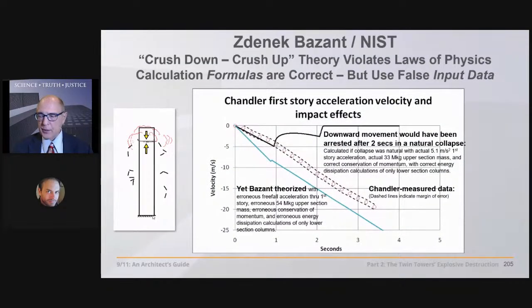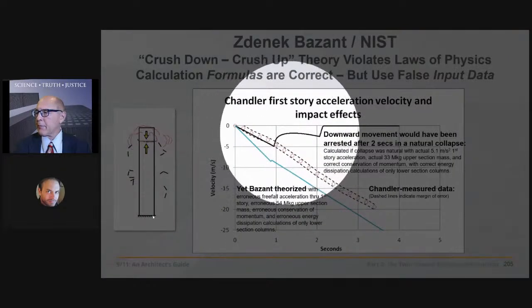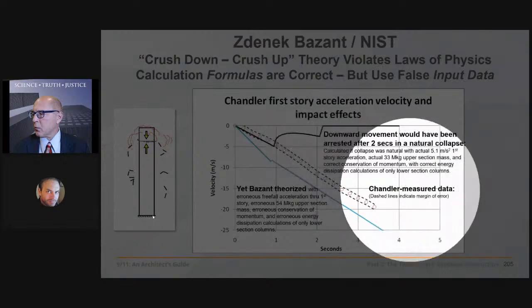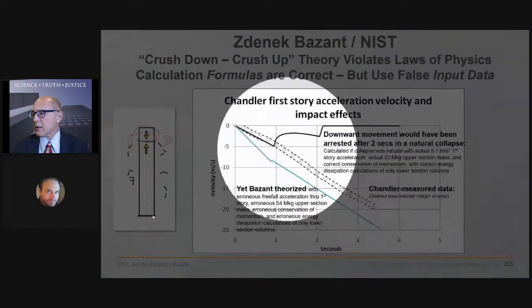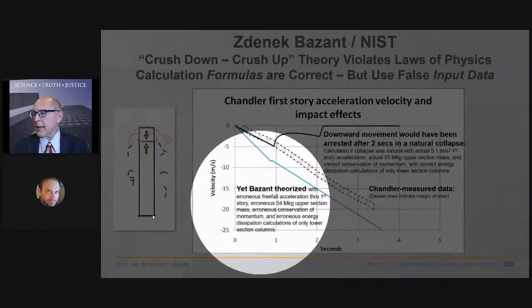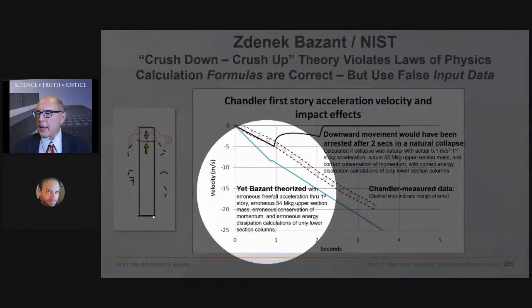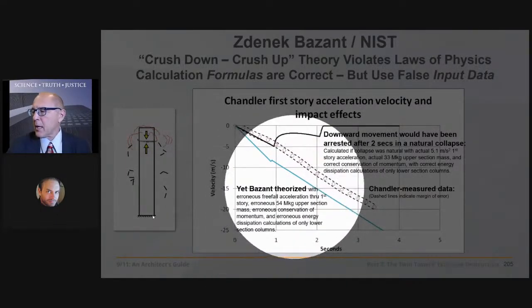So this fraud is exposed by a number of people. David Chandler is one who measures the data. He says, oh gosh, this is near free fall acceleration. And that's what was used by Bazant.